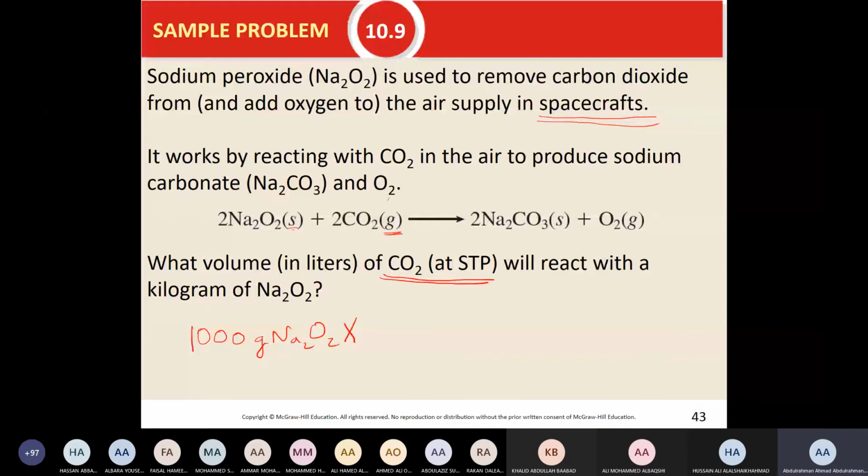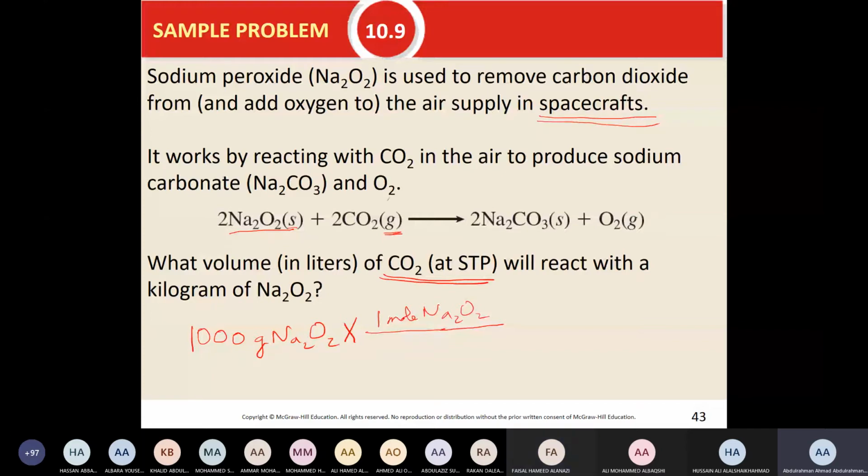So what's the first thing you'll do? You should find the mass of Na2O2. What's the mass of Na2O2? Go to your periodic table quickly. 1 mole Na2O2 gives you how many grams from the periodic table?